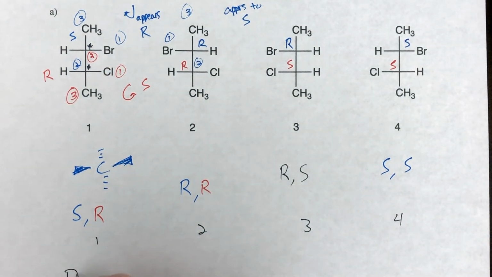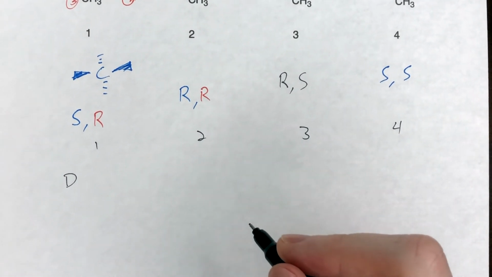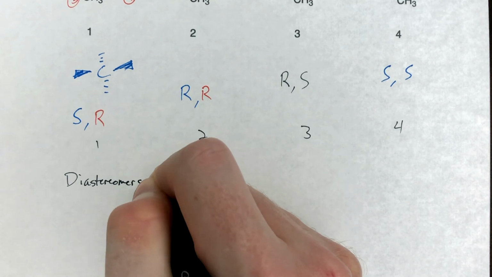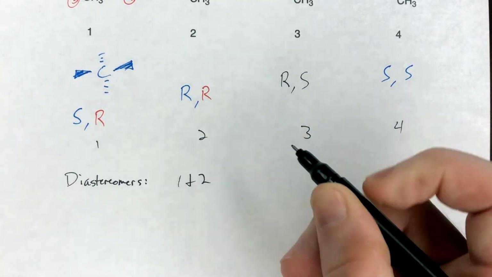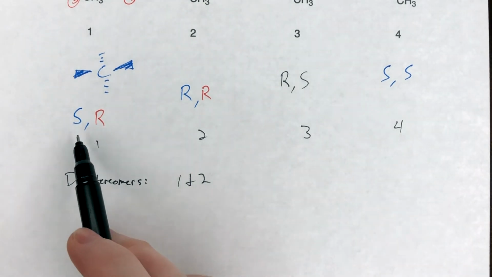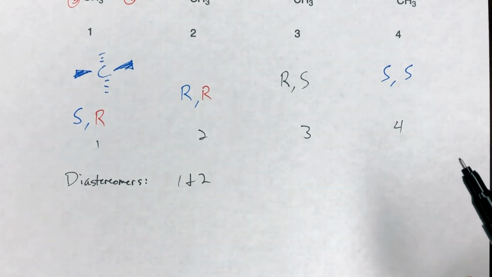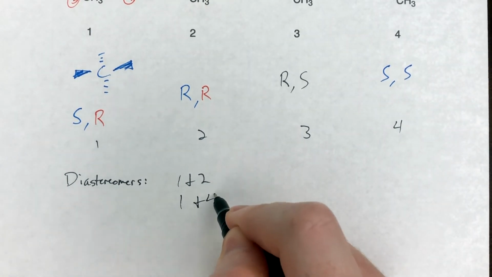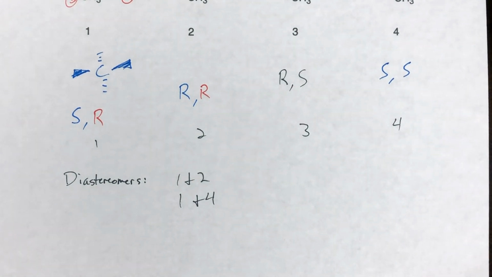Let's do diastereomers first. So 1 and 2 are different by only one position. 1 and 3 are different at both positions, so those would be enantiomers. 1 and 4 are different at one position, so those are also diastereomers.